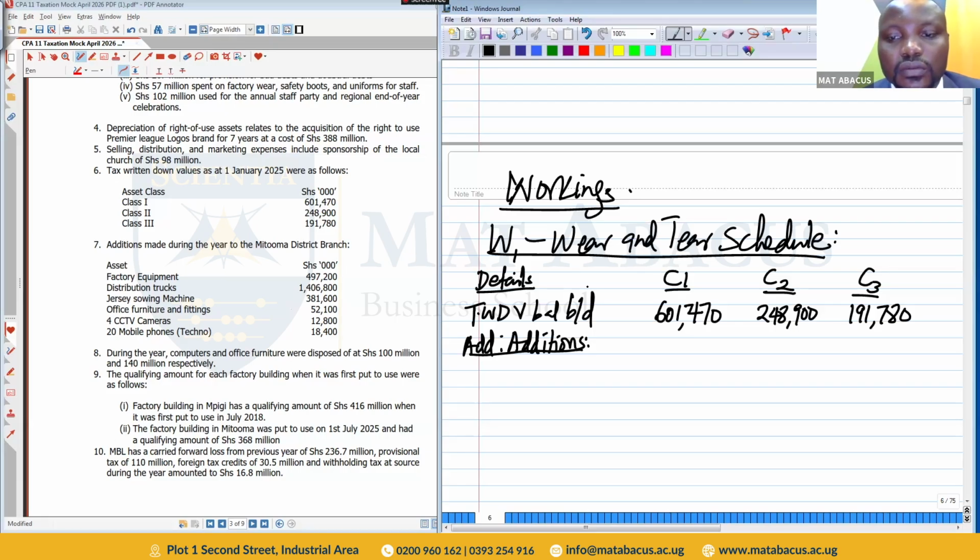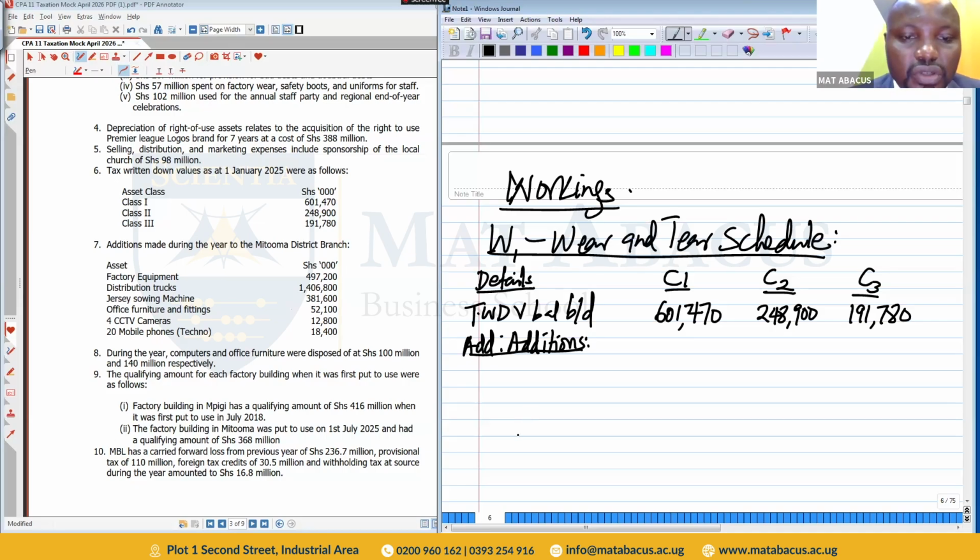Now, as a general rule, class 1 handles data handling equipment, computers and data handling equipment. Class 2 is equipment used in manufacturing and farming. And class 3 is any other equipment not mentioned in class 1 and class 2. In the additions, they are telling us the addition is made during the year to the Mtoma district branch.